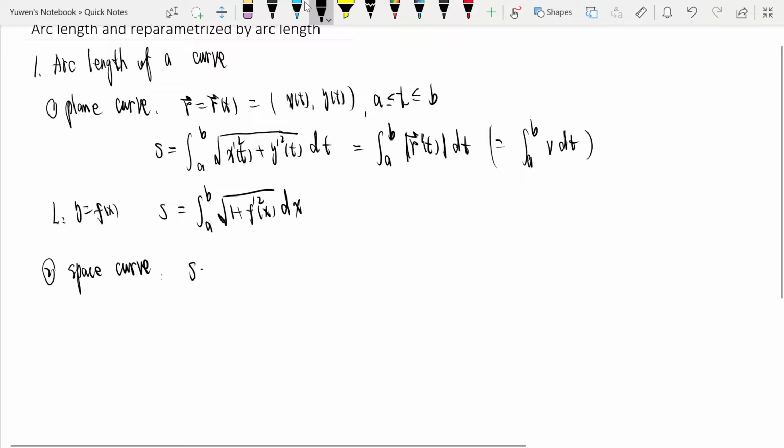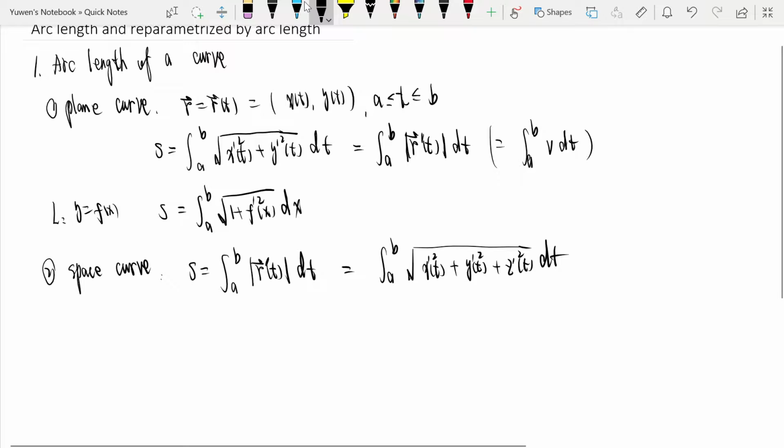So the arc length is the integral from a to b of the length of the derivative, or we can write it as the integral from a to b of the square root of x' squared plus y' squared plus z' squared, dt. Use the same method to find the formula.